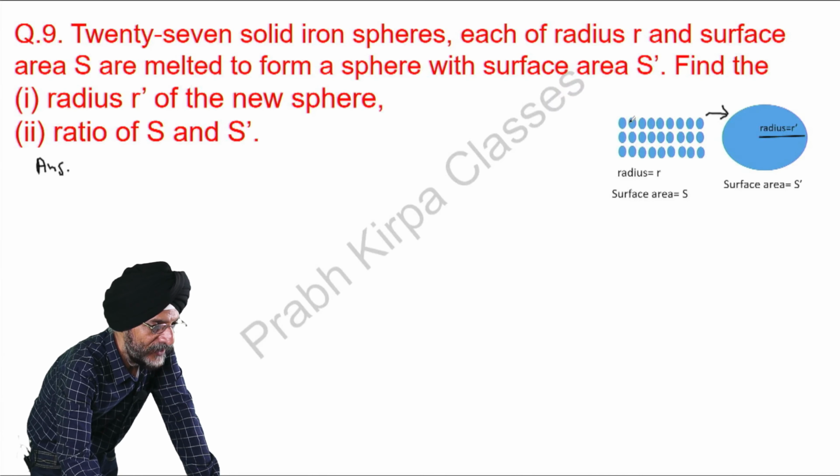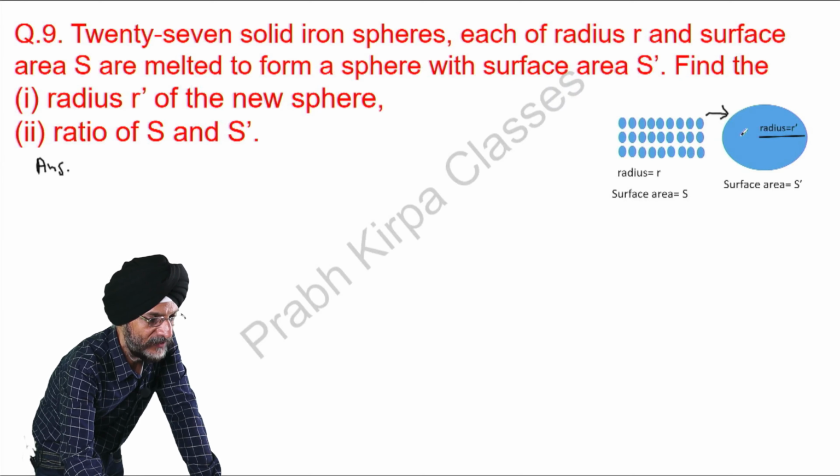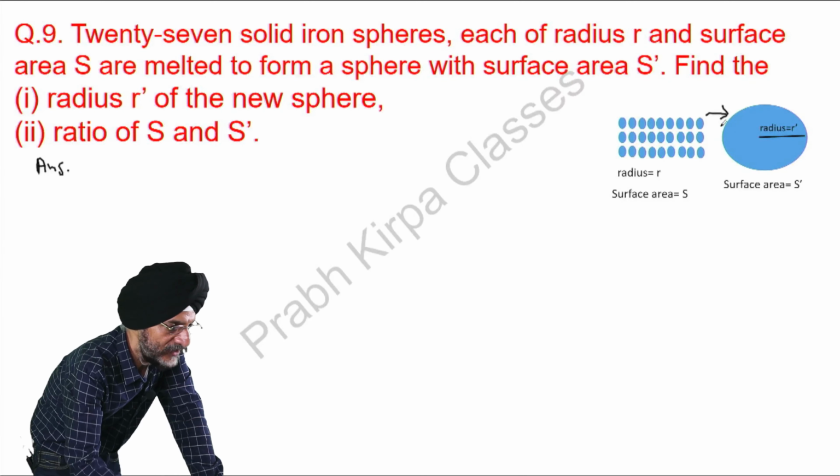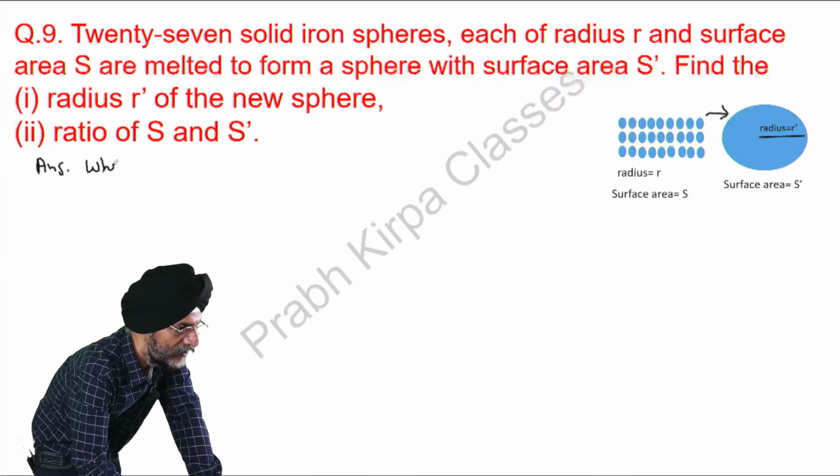Now when one shape is melted to form another shape, the volume remains the same.